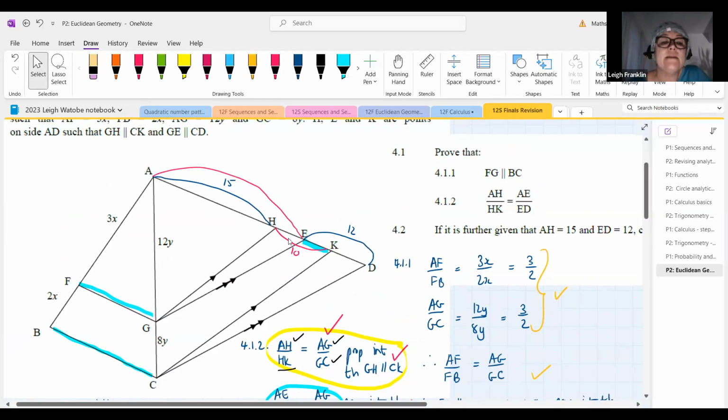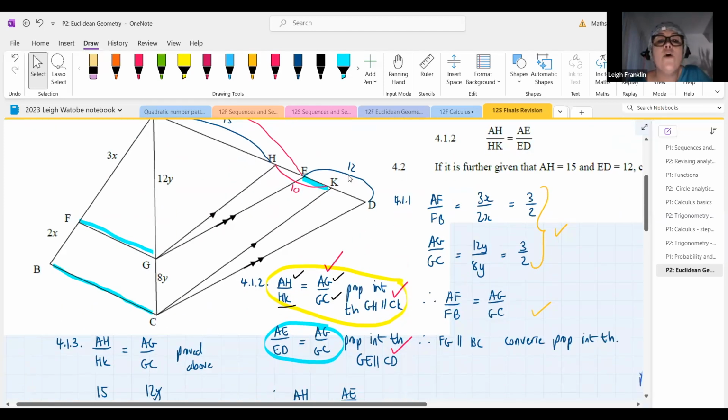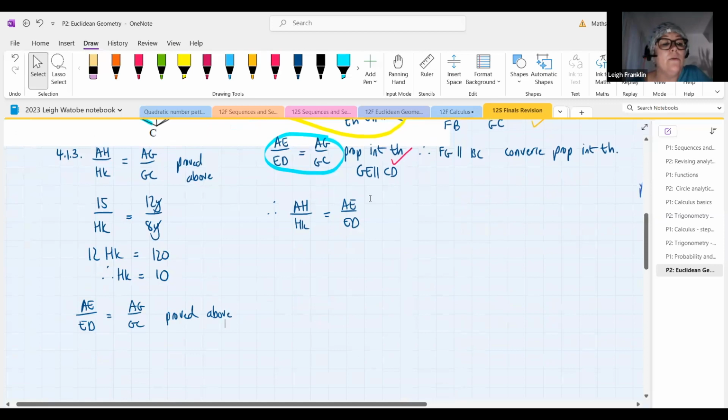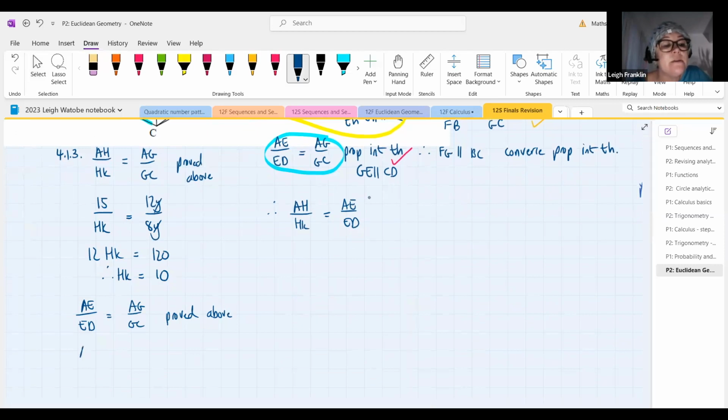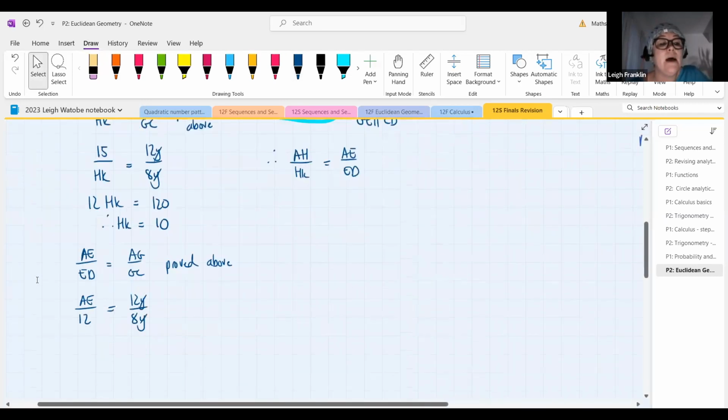And AE is our unknown. We know that ED is equal to 12 because that's given to us. And we know that HG over GC is 12y over 8y. Our y's will cancel. And now we can cross multiply.